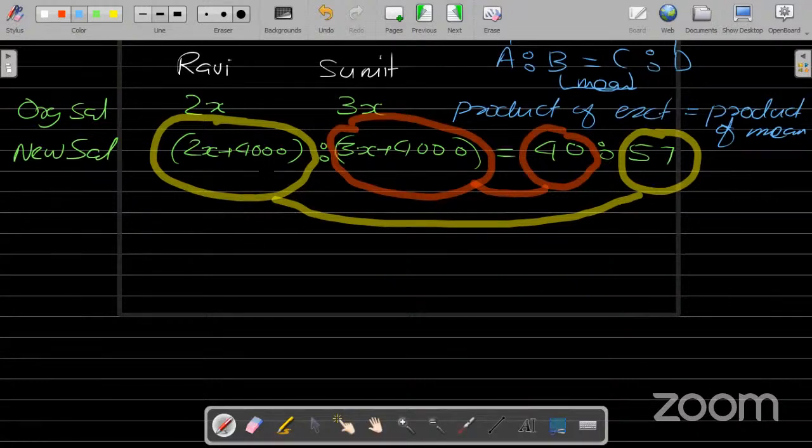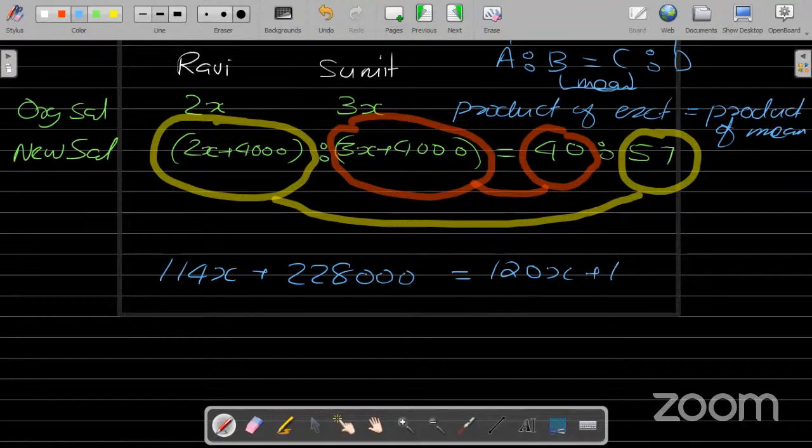So 57 into 2x plus 4000. 57 into 2x is 114x plus 57 into 4000, 228,000, equals 40 into 3x, 120x, plus 40 into 4000. 40 into 4 is 16, after that 4 zeros, 1,60,000.